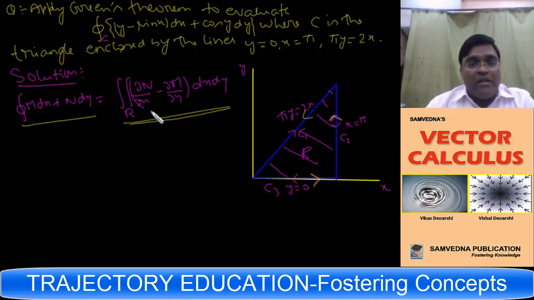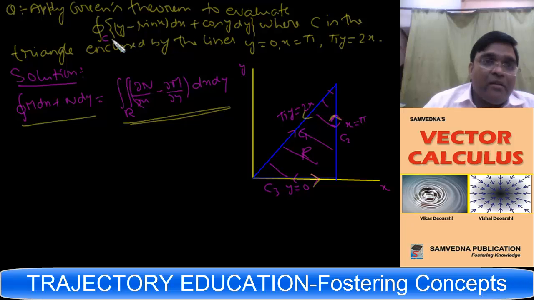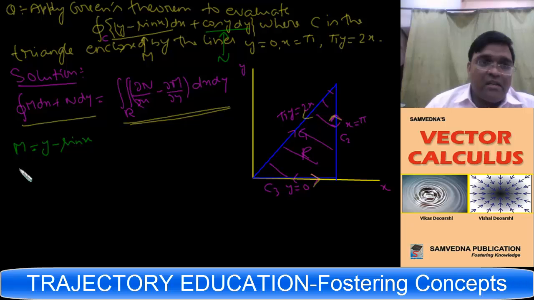So I'll evaluate this double integration over this region R. What are M and N? This is your M and this is your N. Your M is y minus sin x, whereas your N is cos y.